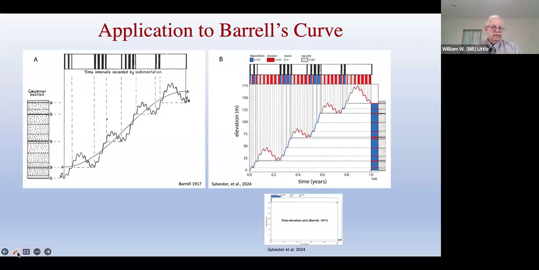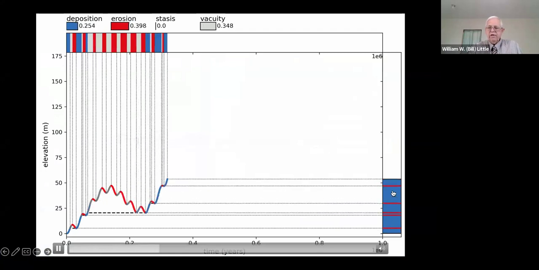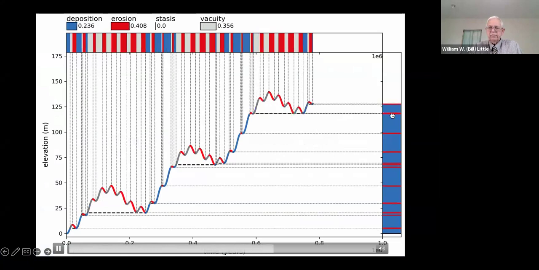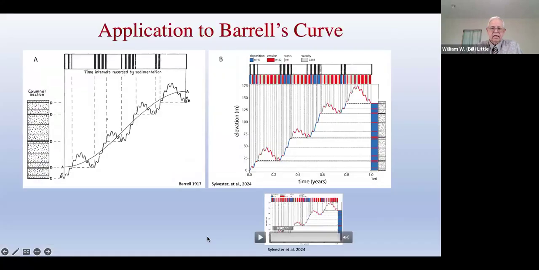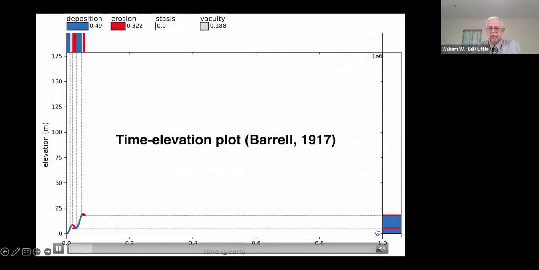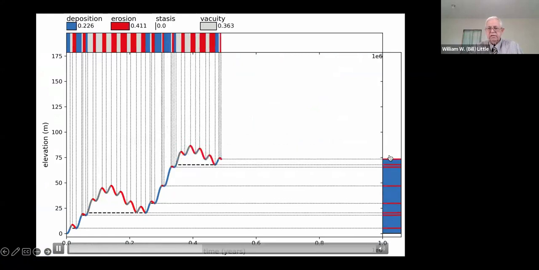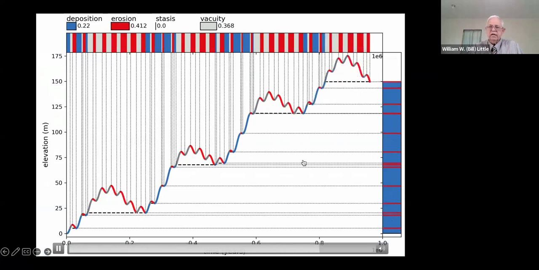And he did a nice little video on this. So over here on the right, notice that the stratigraphic deposits, they rise and they fall. We'll play that again. Oh, it's a little bit fast. And so deposition, erosion, deposition, erosion, deposition, erosion, back and forth through time.